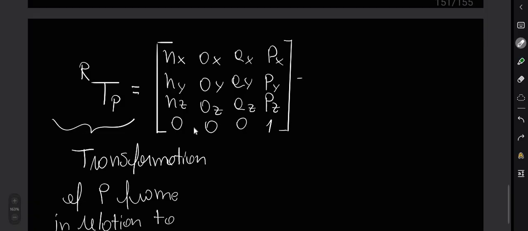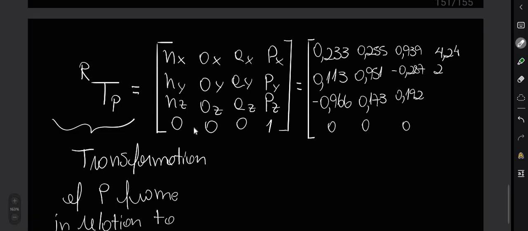And this is equal. Now we get the coordinates. So let me write them. 2.75, 665, 6.